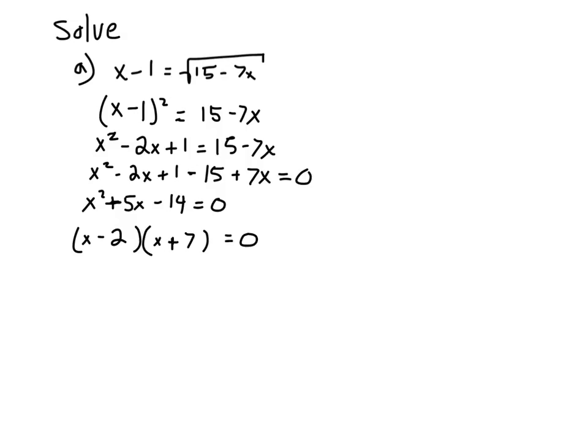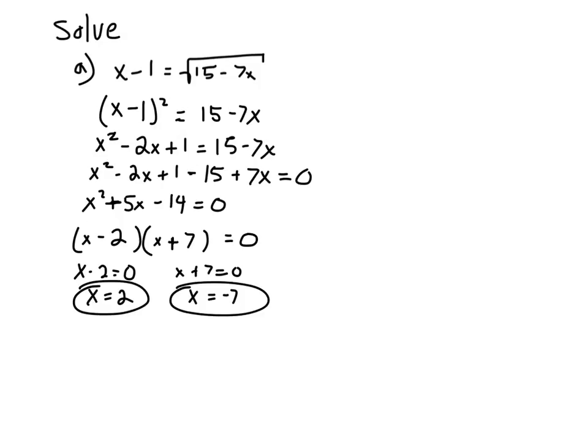Okay, so set that equal to 0. If either one of those terms is 0, the whole thing is 0. So set this equal to 0. Add 2 to both sides. X equals 2. X plus 7 equals 0. Subtract 7 from both sides. X equals negative 7. Okay, so those two seem to be your solution, but we need to check those, okay?